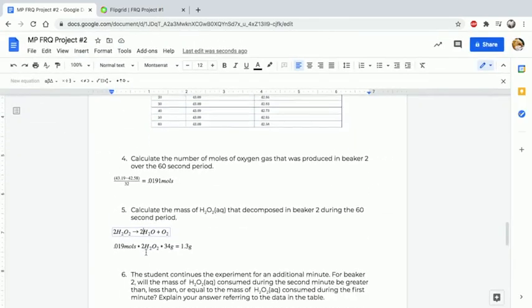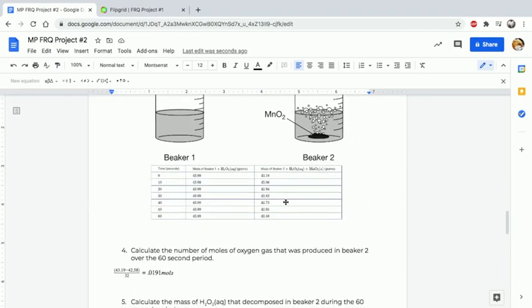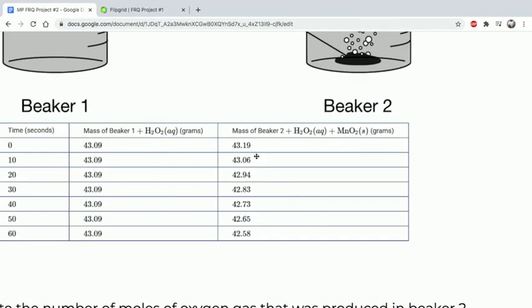So that's question 5. Question 6, you have the student continuing the experiment for an additional minute. It's basically asking us, will more H2O2 be consumed, or will it be a lesser amount? I notice on this graph that it looks like an exponential decay.